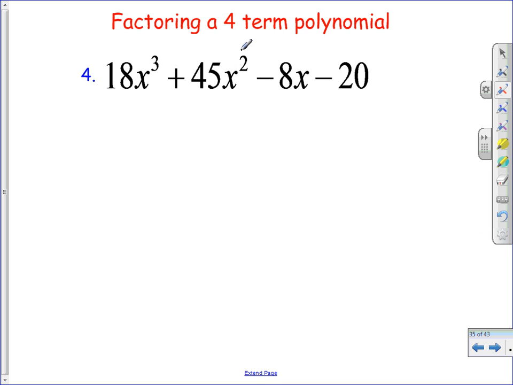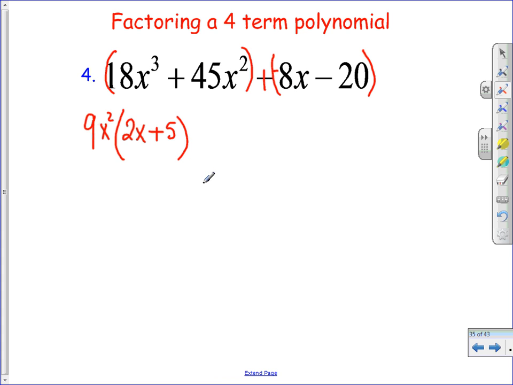So I group the first two terms, and now I have minus 8x, which I'm going to convert to a plus a negative 8x. 18 and 45 have 9 in common. x cubed and x squared have x squared in common. 18x cubed divided by 9x squared is 2x. 45x squared divided by 9x squared is plus 5.